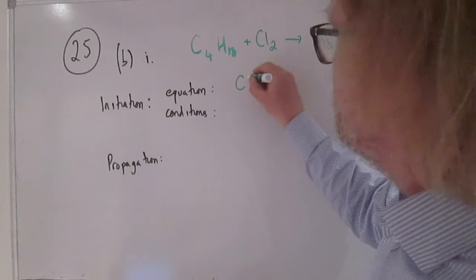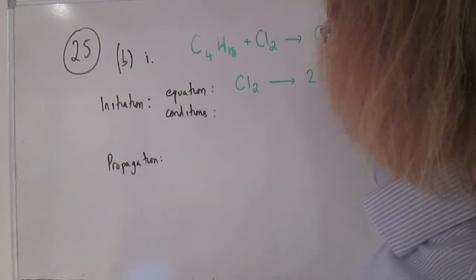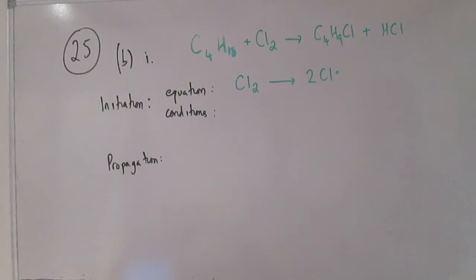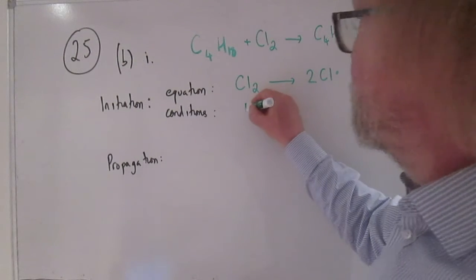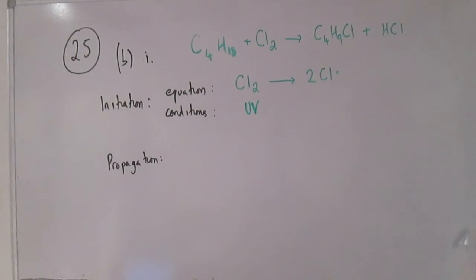So the initiation reaction is Cl2 goes to 2Cl dot, where the dot, remember, represents an unpaired electron. So you're breaking open the chlorine molecule into 2 chlorine atoms, and that's what gets the whole thing started. So that's the initiation step, and the condition you need for that is UV. That's the key thing you need to provide the energy to break that bond.